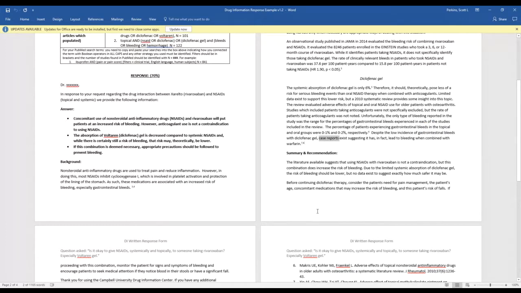So a case report is a very low tier in regard to evidence. It's one patient had this experience, right? It doesn't necessarily mean that diclofenac gel was what contributed to that person bleeding per se, or that really put them at that much more of an increased risk of bleeding.